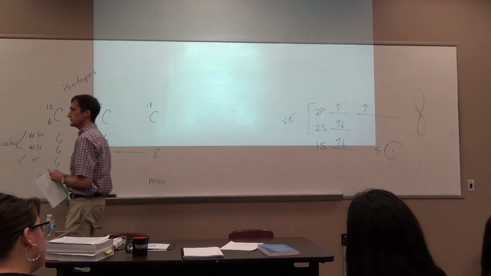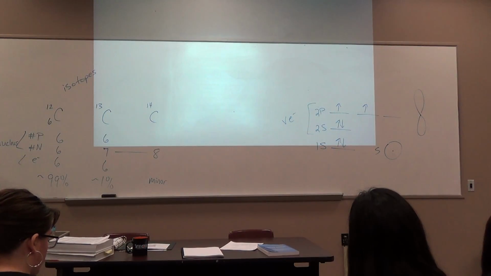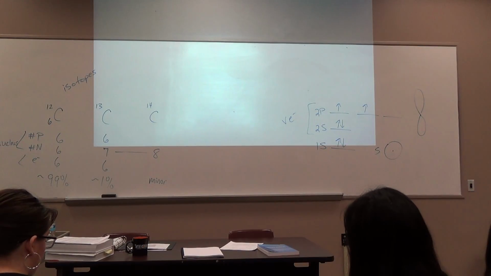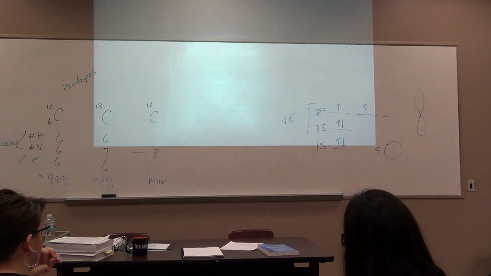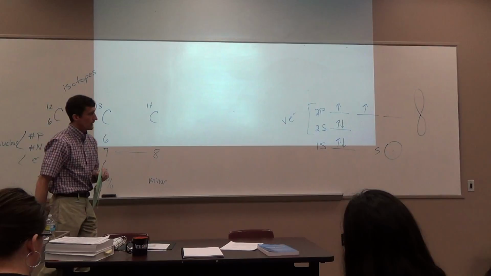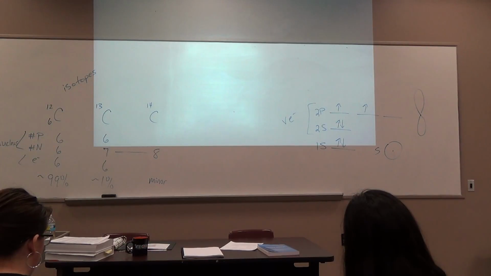Most of this should be reviewed. But also importantly, when we start hybridizing, we're going to mix these orbitals together, and they'll have different shapes. It's actually on the back of the one handout packet, some crude drawings of the shapes. Those shapes will affect things like bond strengths and bond lengths.